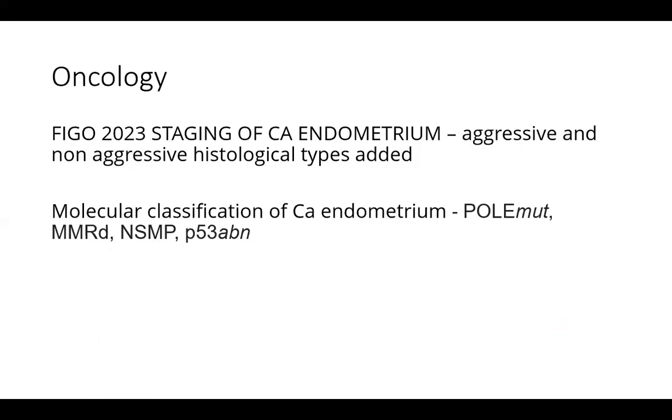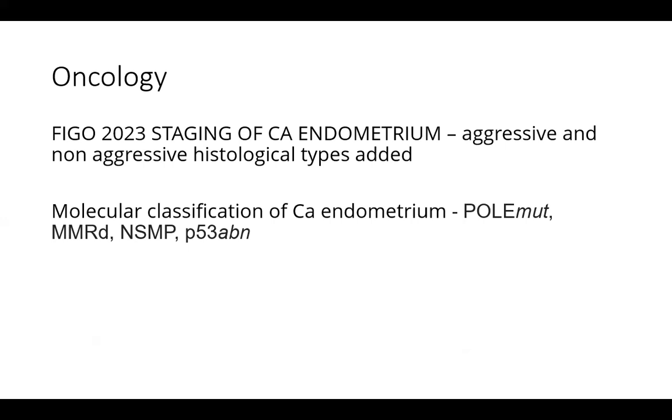And in oncology, I haven't added many slides because I want you all to know all the staging, because at least one oncology question based on staging will come. Why I have included this in the slide is that this is a recent one. FIGO 2023 staging of carcinoma endometrium. Only slight changes have been made.